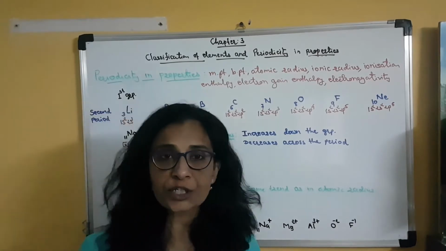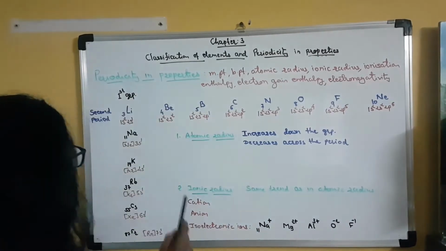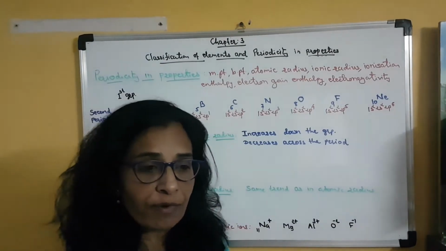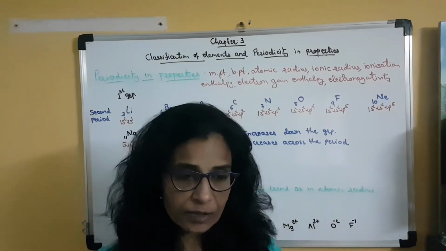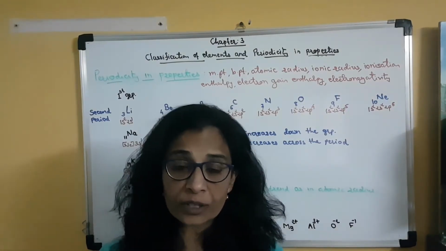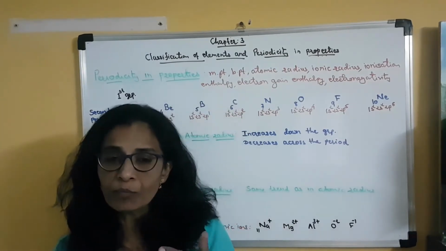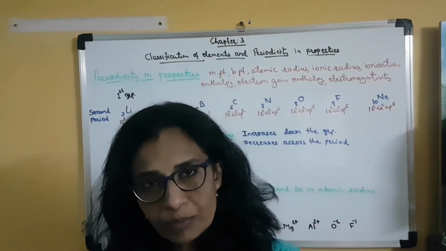Our discussion will be based entirely on the number of electrons present in the outermost orbit, meaning the number of valence electrons, and the number of energy levels, meaning the number of the last orbit. Why? Because we know that the modern periodic table is based on the atomic number of the elements.